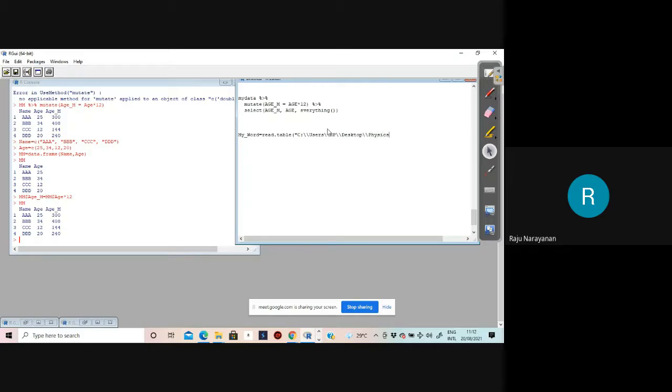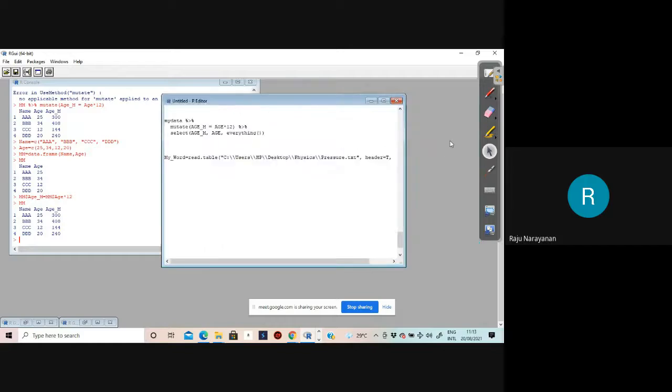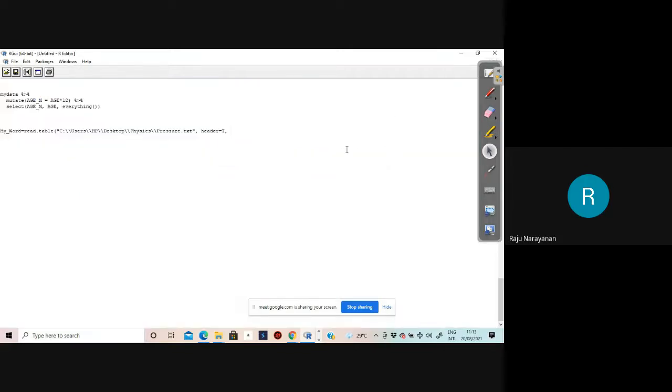What is the name of the file? Pressure.txt. Inverted comma close. Header is equal to true. And we have separated the data by comma.